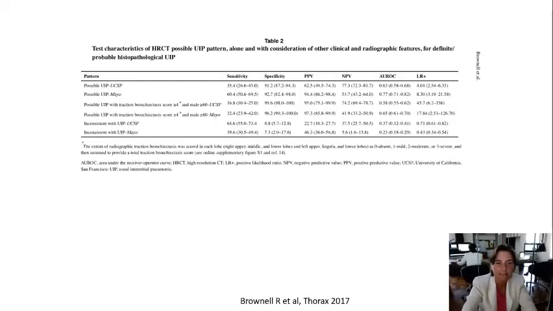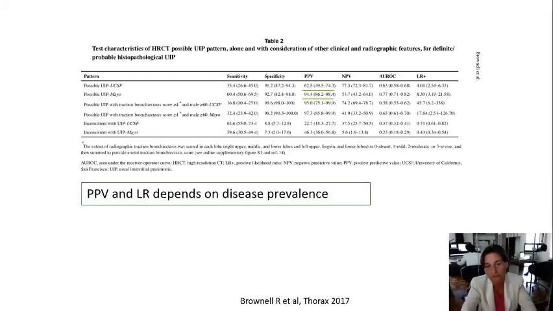And interestingly, the positive predictive value of having a probable UIP on HRCT varied significantly depending on the prevalence of the disease in the cohort, ranging between 60 to more than 90%.